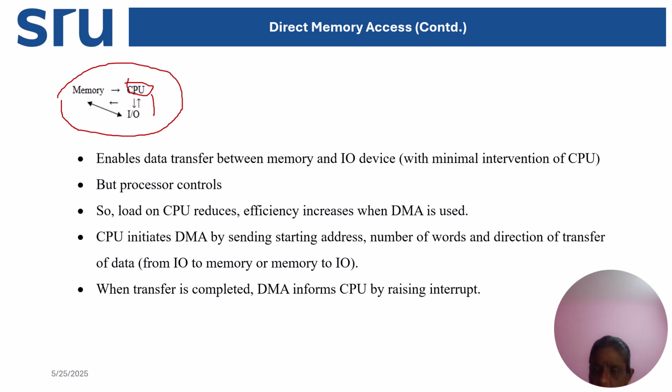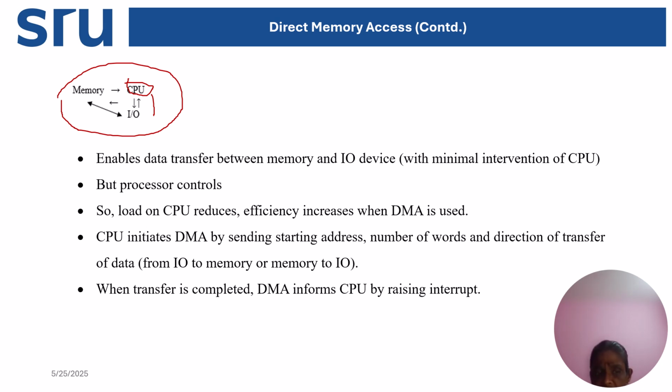DMA operation is initiated by the CPU, but it has to send the starting address of the data. Because DMA will increment the address, as we have already seen in the previous slide, one by one it will increment the address so that all the consecutive addresses in that block, whatever data is available, will be transferred.